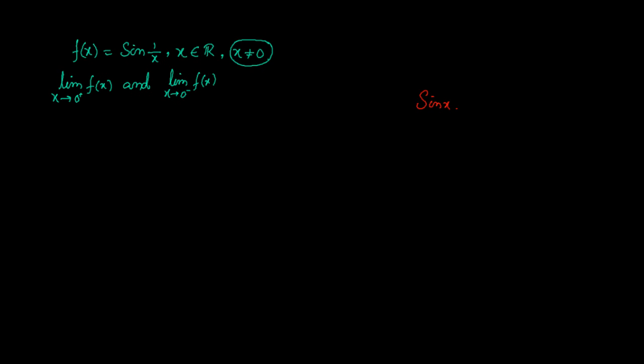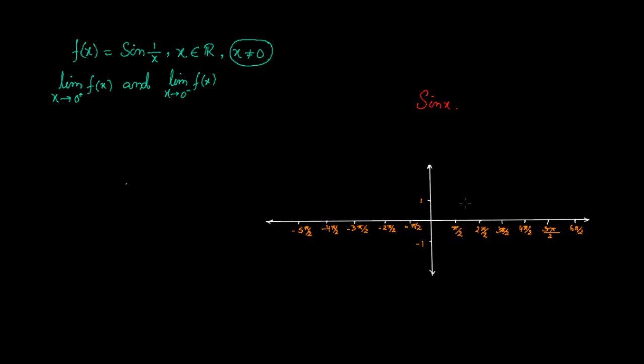So here is the coordinate system. This is the x-axis. This here is the y-axis. We know that sine x goes like this. It is 0 at 0. It is 1 at pi by 2. It goes down. It is 0 at 2 pi by 2, that is pi. Minus 1 at 3 pi by 2. And like this.